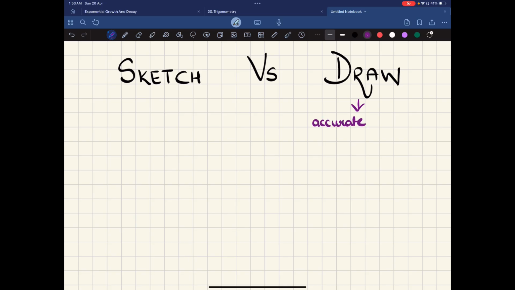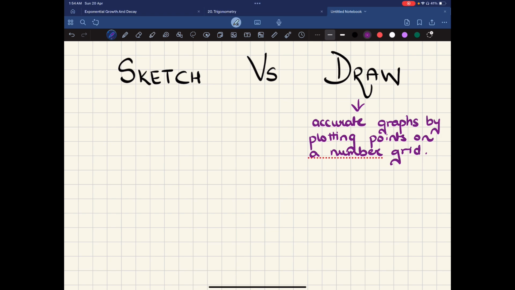Drawing entails accurate graphs. Okay, if points do not lie in a straight line, we often join them with a smooth curve.